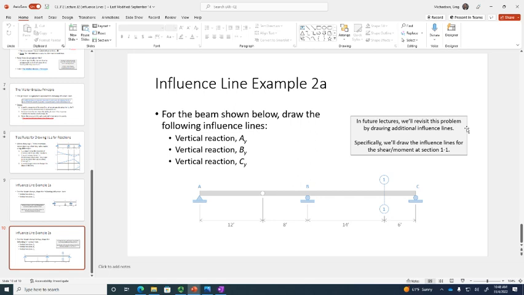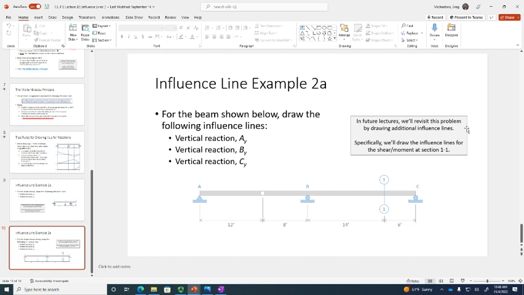So here's an example. If you are drawing the influence line for the internal shear and moment right here, here, and here, it's 0. Because if I put the load directly at B, there is no internal response in the beam. It's just all going to B, right? So the rules change. So you got to be cognizant of what you're doing and pay attention to what you're drawing and why you're drawing it, okay?